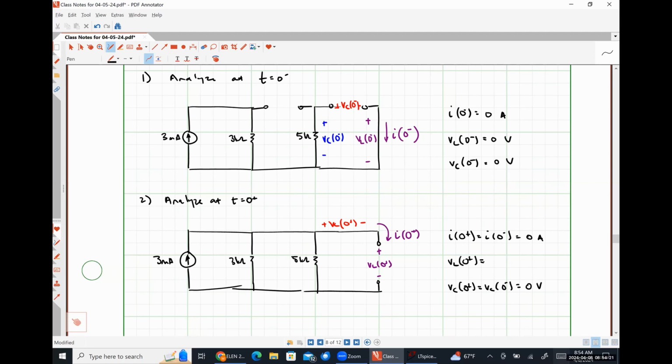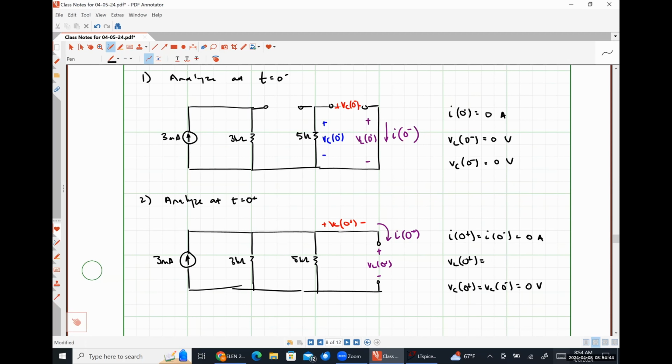I disagree with that. How did you come up with that number? So I would do this using Ohm's law. Effectively, the voltage drop across our inductor is going to be the same thing as the voltage drop across the 3 kilo ohm and 5 kilo ohm resistors in parallel.